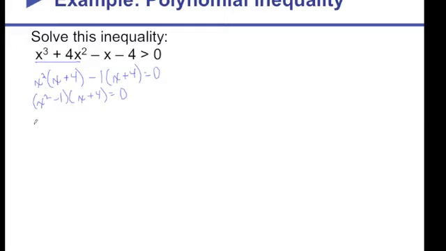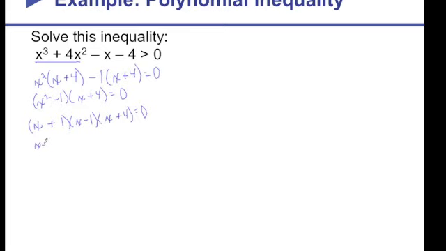Now this x squared minus 1, that's a difference of squares. So it factors into x plus 1 and x minus 1. And then we have the x plus 4 equals 0.